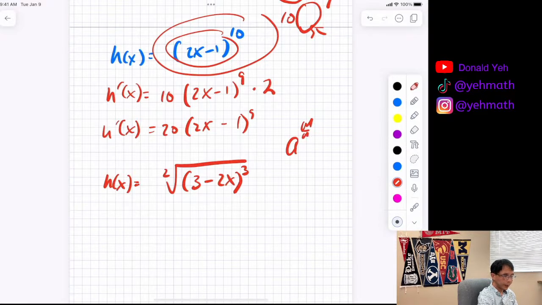A to the m over n equal to the n-th root of a to the m. Power over roots.